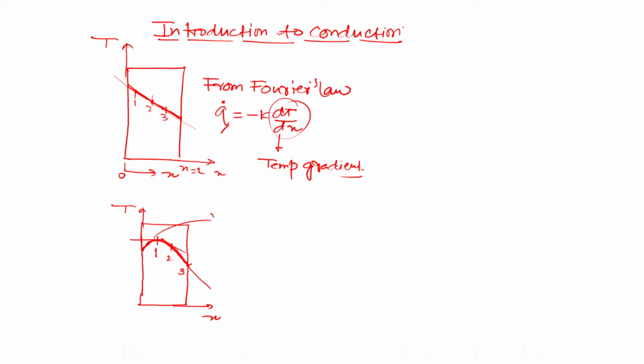At the first point, dT by dx equal to 0, because it's a peak. So at this point, what happened? The heat flux is 0. At the second point, if you draw tangent, the slope is different. So dT by dx at the second point is not equal to dT by dx at the third point, and that's why the flux will be different.